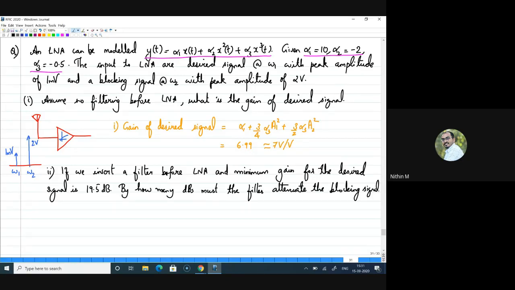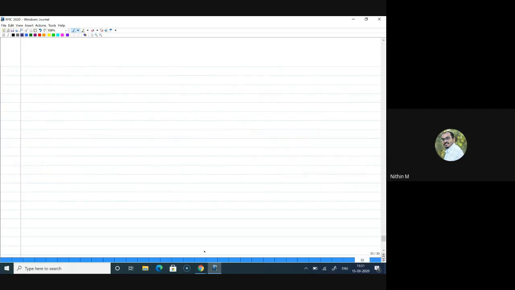Any answers? Anyone else got the same answer? Okay, I'll explain this. Others can try. I'll explain how to do this. Now, in this case, what I have is a filter just before the LNA.